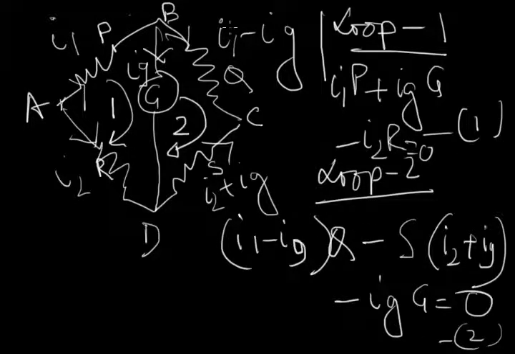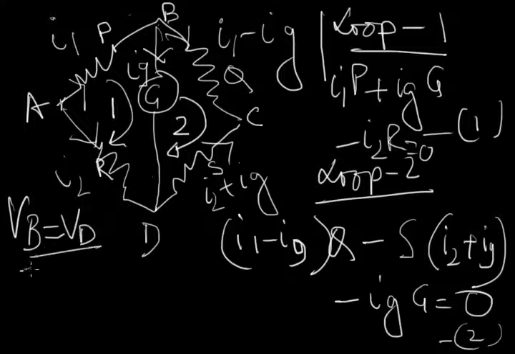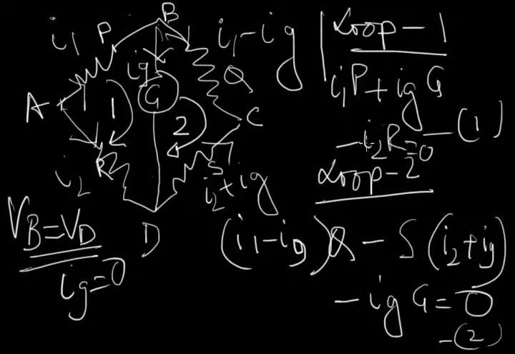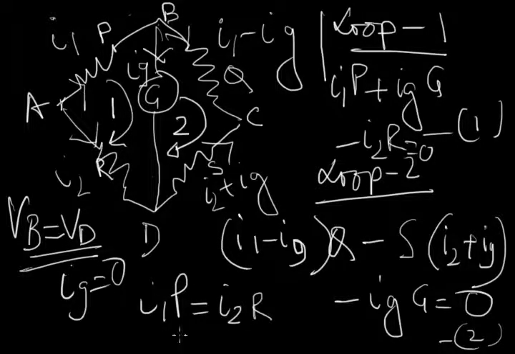Now, what happens actually for a balanced bridge is that no current passes through this galvanometer. This is what we call the balanced condition. The potential at B is equal to potential at D. The moment these two potentials become the same, Ig happens to become 0. As Ig becomes 0, as you can see from equation 1, we can write I1P is equal to I2R.